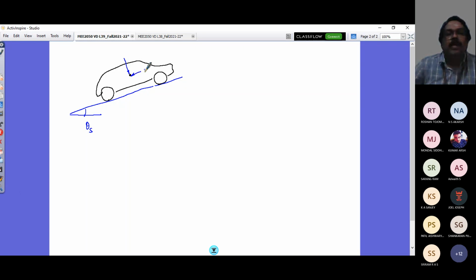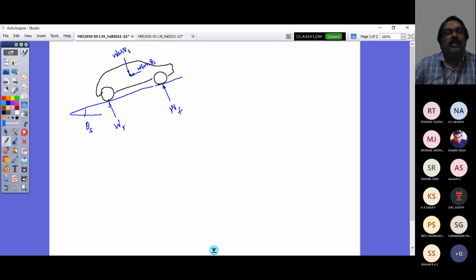So this is your W cos theta s, and this is W sine theta s. The two normals acting here would balance this W cos theta term. Here I have WF, the normal load on the front axle, and WR on the rear axle.